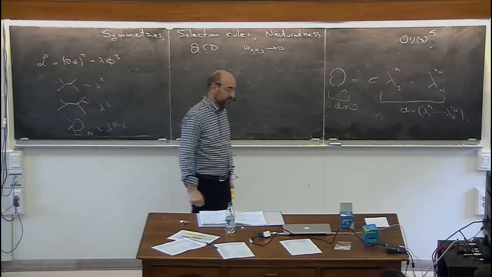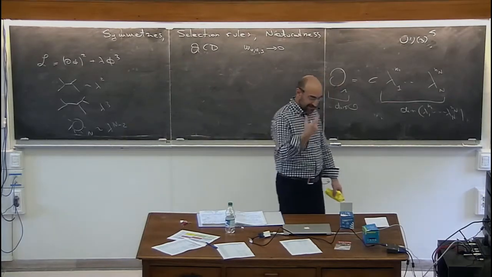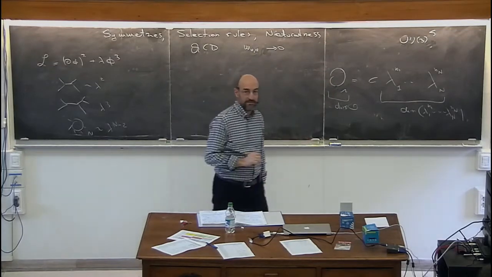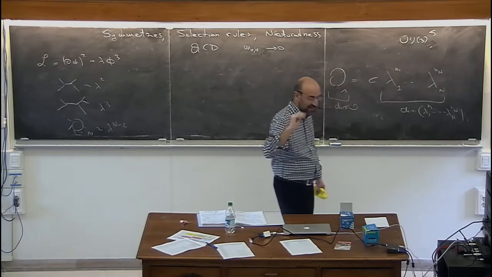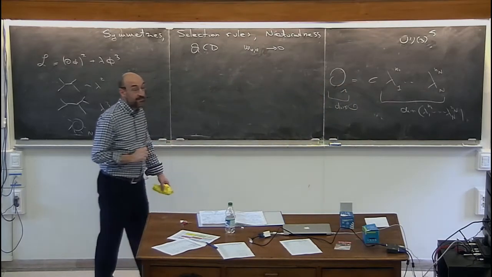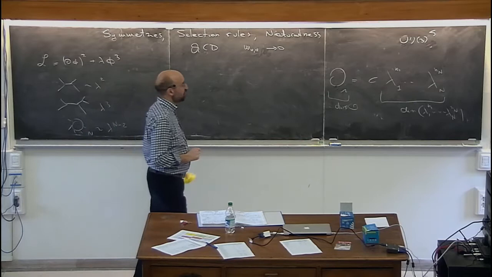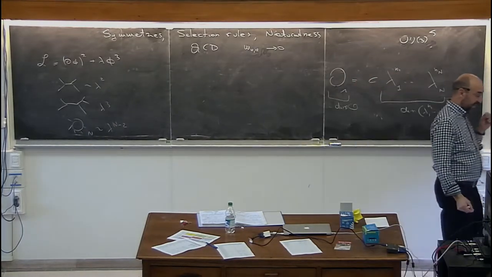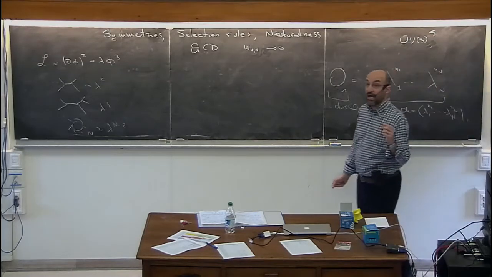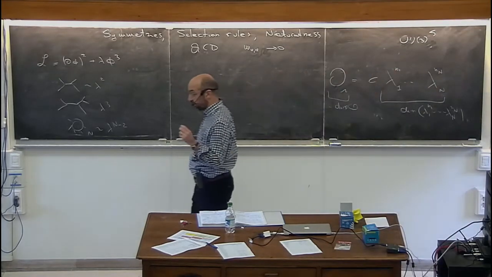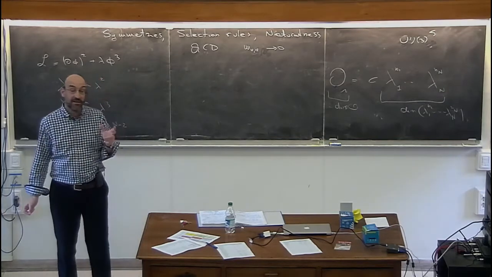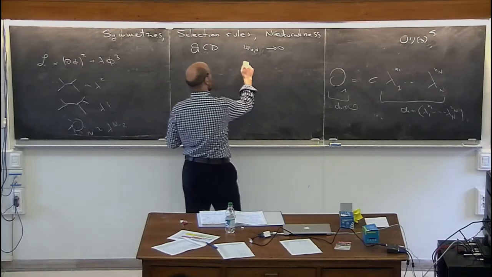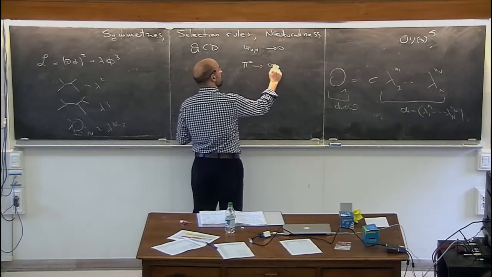Just for simplicity, let's forget the strange and focus on 2-flavor QCD, just up and down. In this limit, check that there is an unbroken global symmetry, a global symmetry which is exact in the theory, but spontaneously broken by the QCD vacuum, and that the pi zero is the corresponding Goldstone boson.